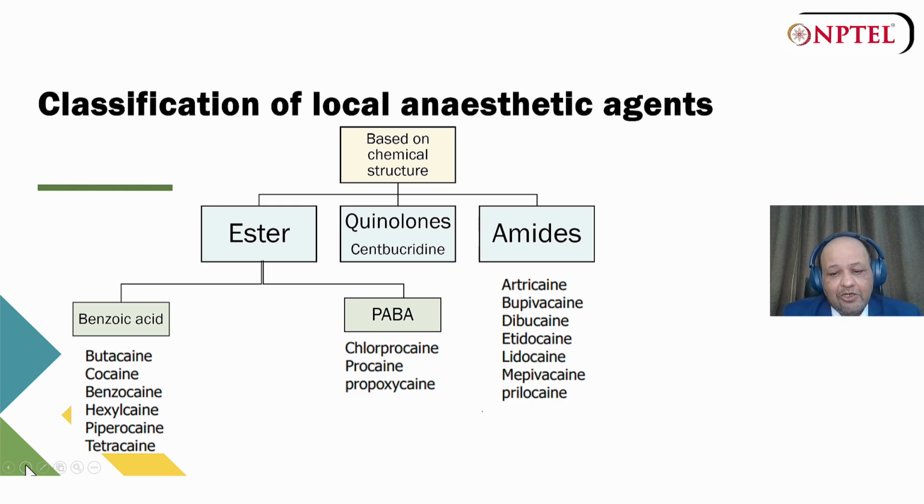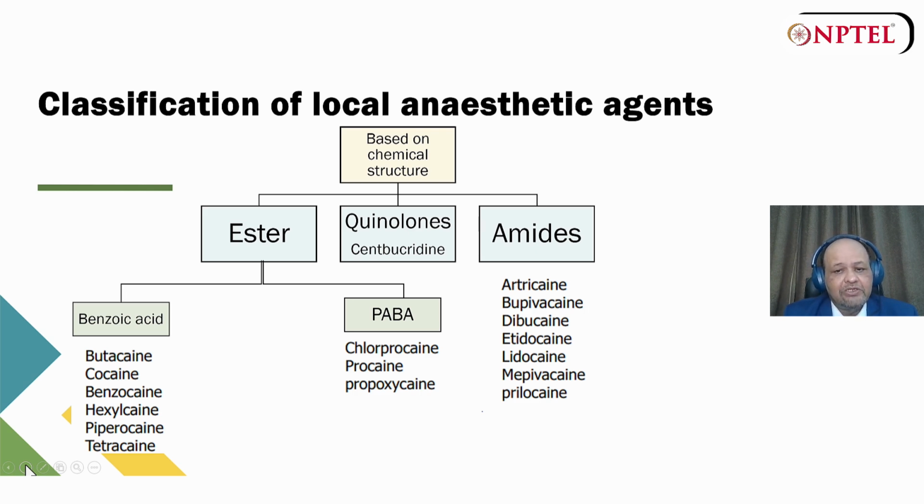The para-aminobenzoic acid esters are chloroprocaine, procaine, which was one of the benchmark anesthetics before lignocaine came into existence, and propoxycaine. The quinoline derivatives comprise of centbucridine, which had gained a little traction in the early part of the 21st century, but it is not used nowadays for various reasons.